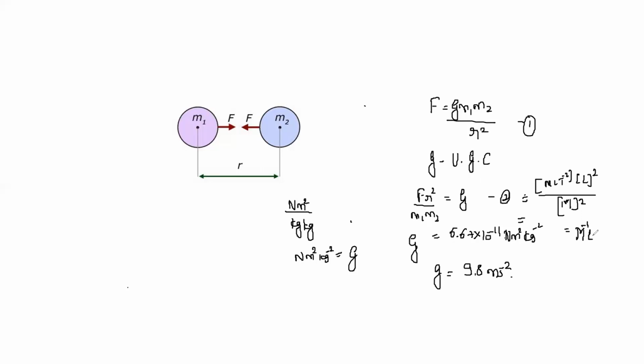L into L square becomes L raised to 3, T raised to minus 2. So this is the dimensional formula for the universal gravitational constant capital G. Is it clear? So this is the unit, value and dimensional formula for universal gravitational constant.